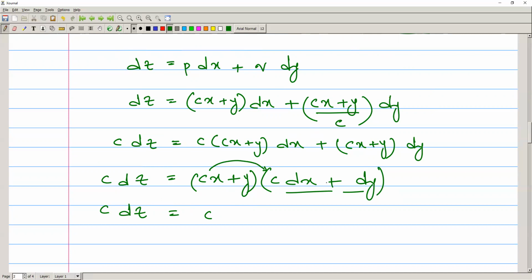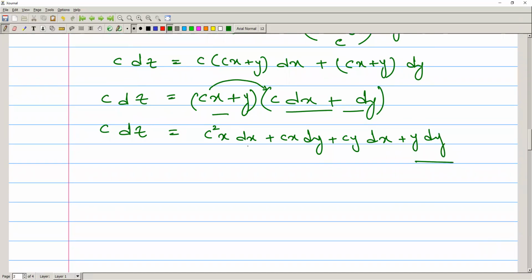I'm multiplying this with this, so I will get c squared x dx plus cx dy plus cy dx plus y dy.